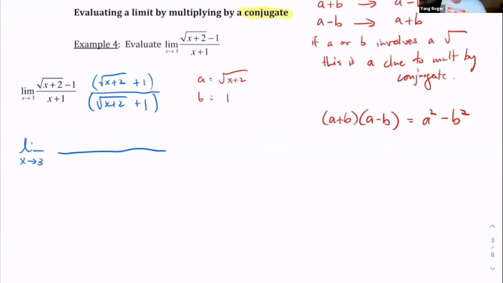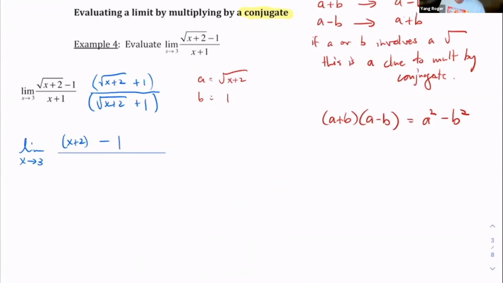I'm going to get a fraction again. The numerator, A squared, is just going to be x plus 2. The square root was there, so the square of a square root is just that thing, minus 1, because 1 squared is 1.